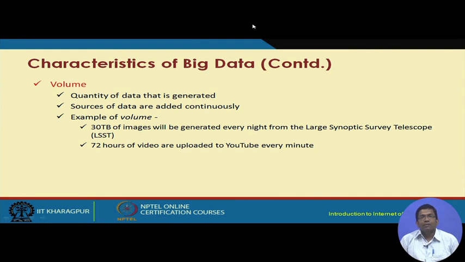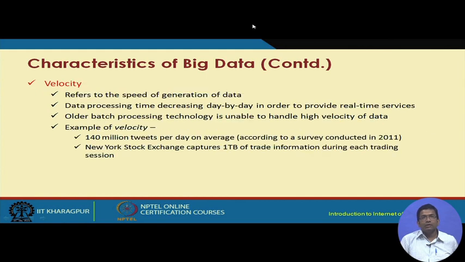It is a huge amount of data in terms of volume, and this is every minute. Just imagine how much it is going to be every day, and in a year.